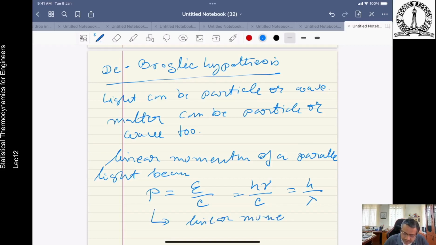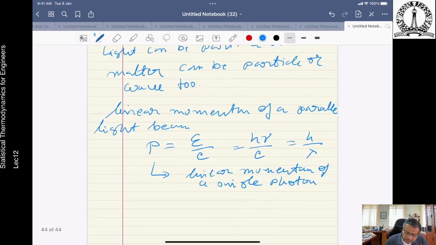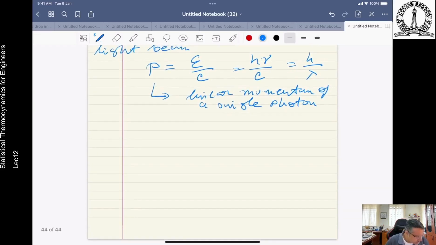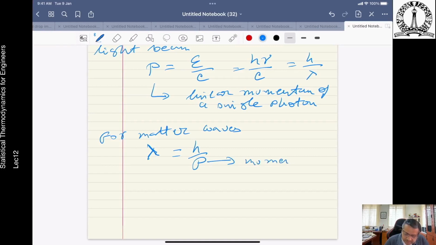For matter waves, this lambda should therefore be given as h by p. h is the Planck's constant, p is the momentum of the particle. So this is like an analogy.